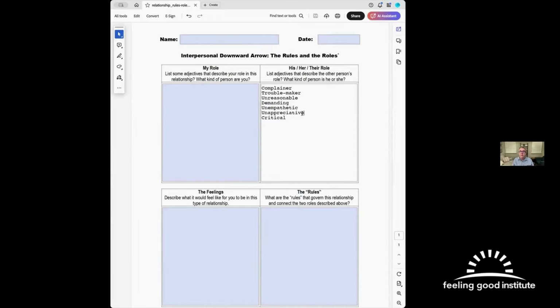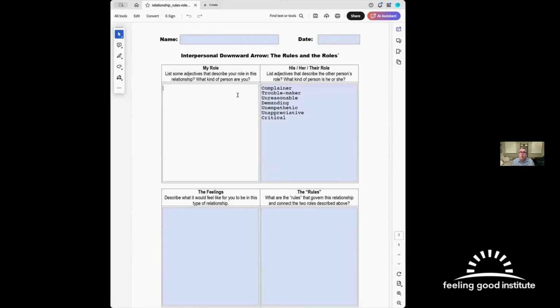Do you think we've captured things well, or should we put down another couple of adjectives? No, this sounds perfect. This looks like exactly her role. So far we're saying her role is to complain, be a troublemaker, unreasonable, demanding, unempathetic, unappreciative, and critical.